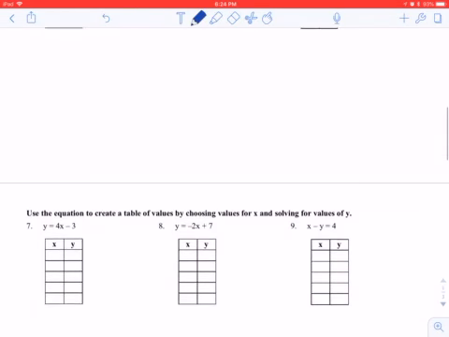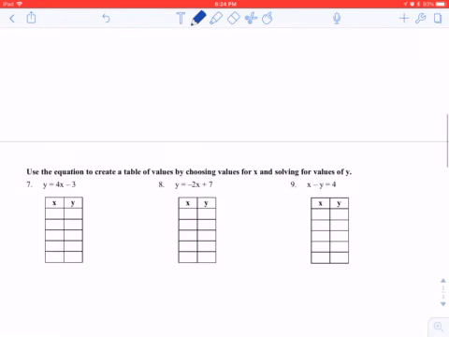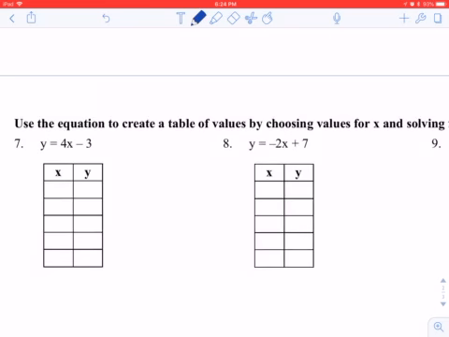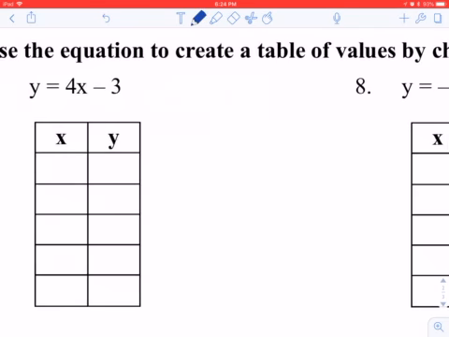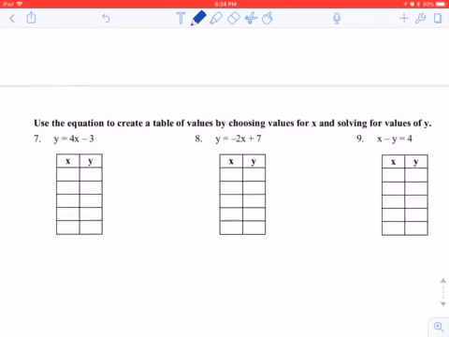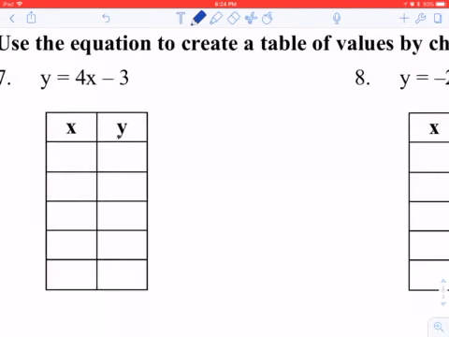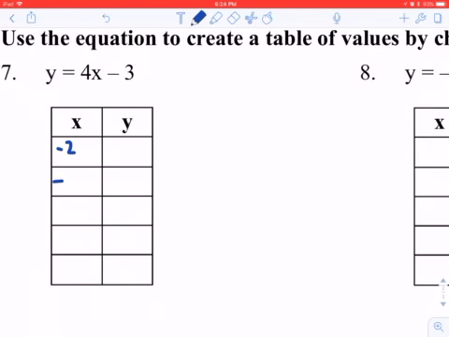The only difference is numbers 7, 8, and 9. There's no values given to you, so you can just choose any values you want. The ones I like to use are -2, -1, 0, 1, 2.